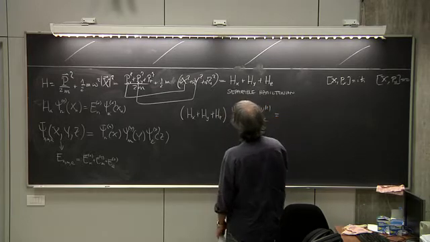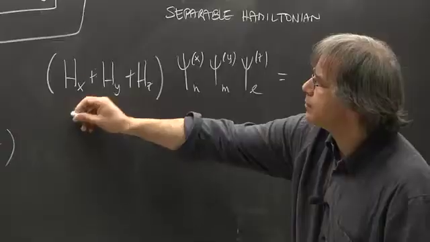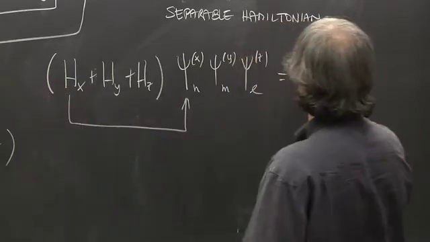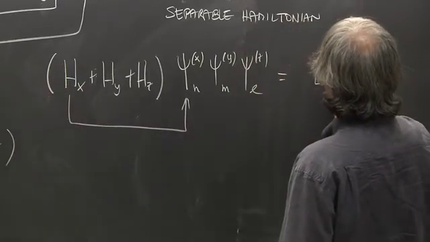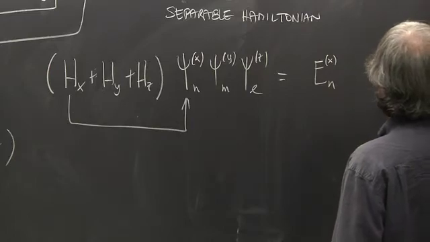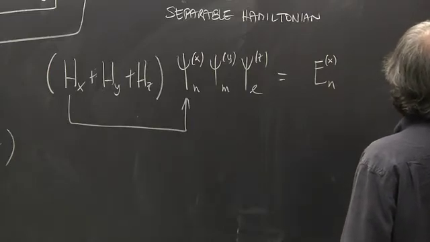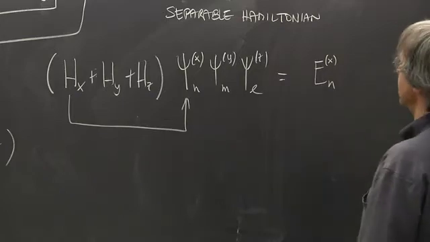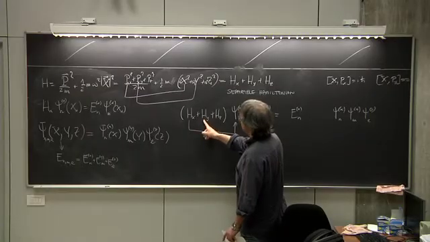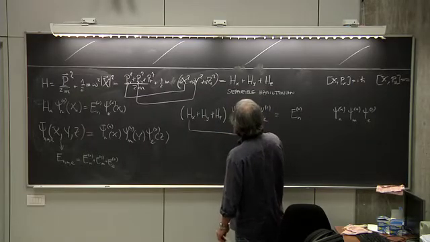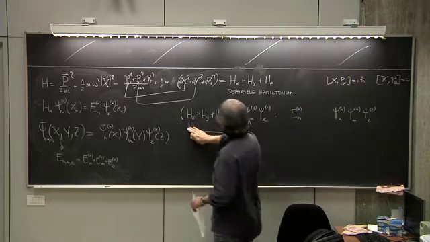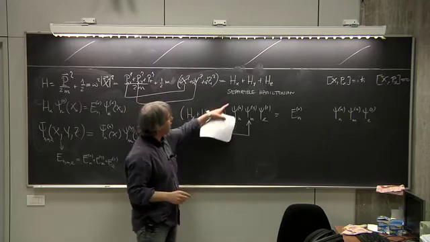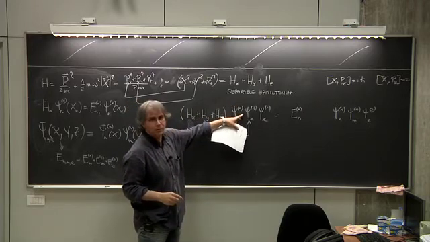So let's apply the Hamiltonian. The first term acts only on this, and when acting, it produces E x n times the same function, psi x n, psi y m, psi z L. The second piece acts on this. Notice, in order to act on the second piece, it has to jump over the first piece of the wave function.